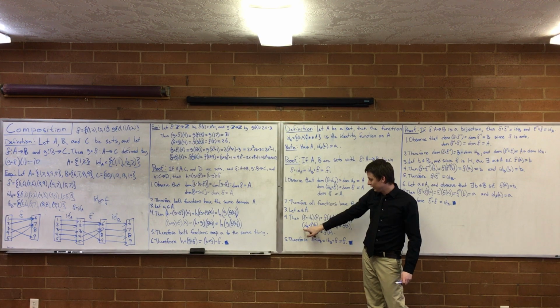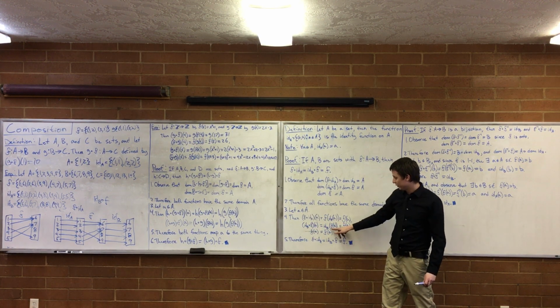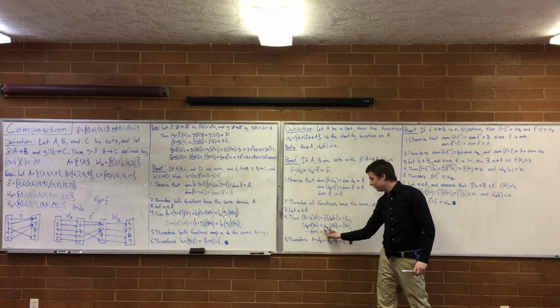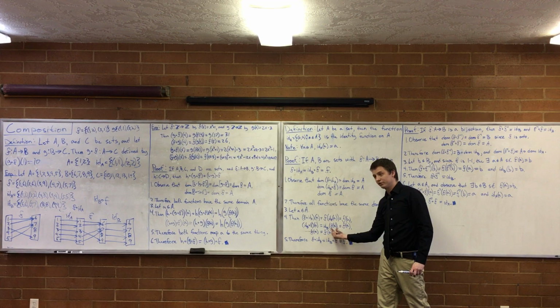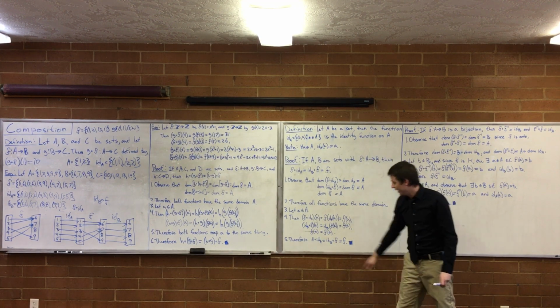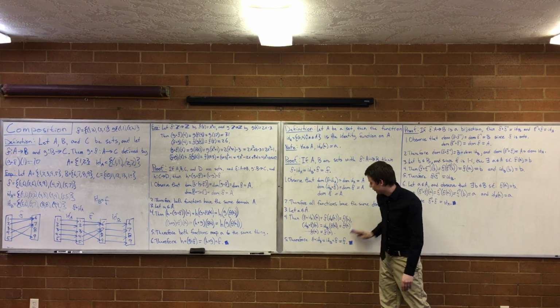Let's look at this one. The identity on B composed with F of A is the identity of B of F of A. The identity on B maps things to themselves. So it just maps F of A to F of A. And then F of A is obviously just F of A. So all of them map A to just F of A.